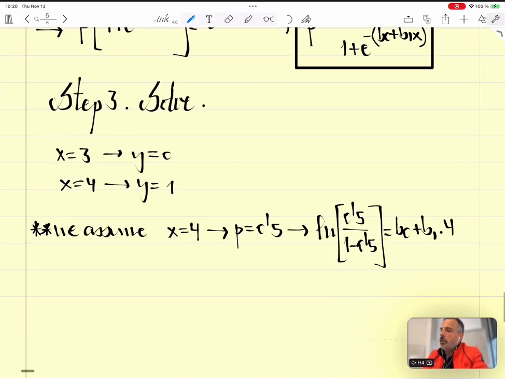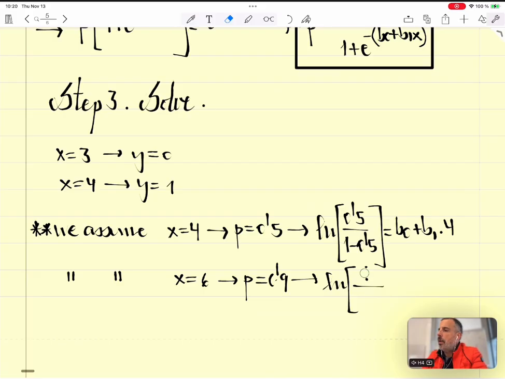And we assume that for x equals 6, p is going to be very high. It cannot be 1, so 0.9. Logarithm of 0.9 divided by 1 minus 0.9 equals b0 plus b1 times 6.